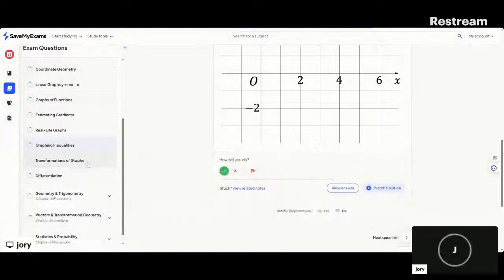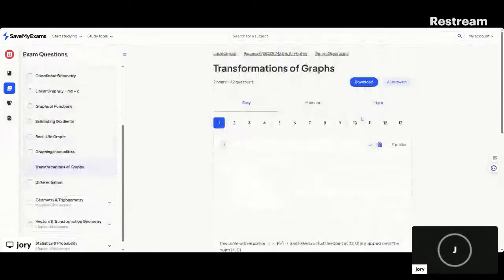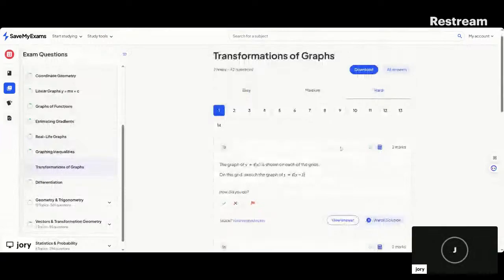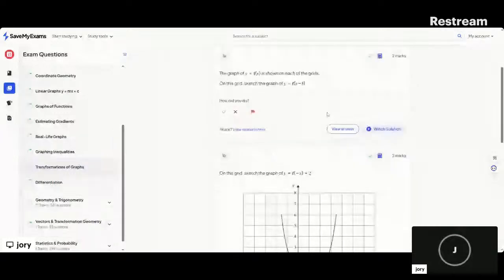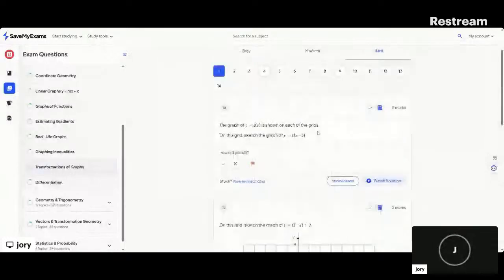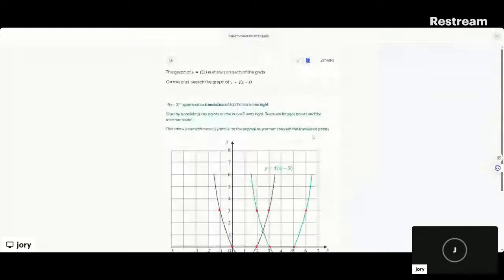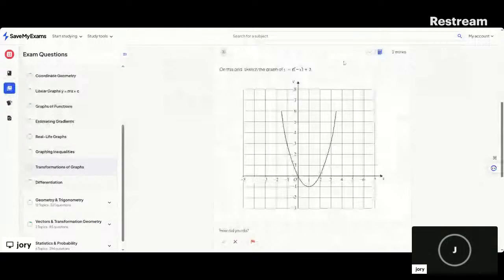Okay, transformations of graphs. Okay, really hard question. This graph is shown on the grids. On this grid, sketch the graph. What grid? This grid? Yeah, it's the same grid. Okay, so -3 means 3 to the right.